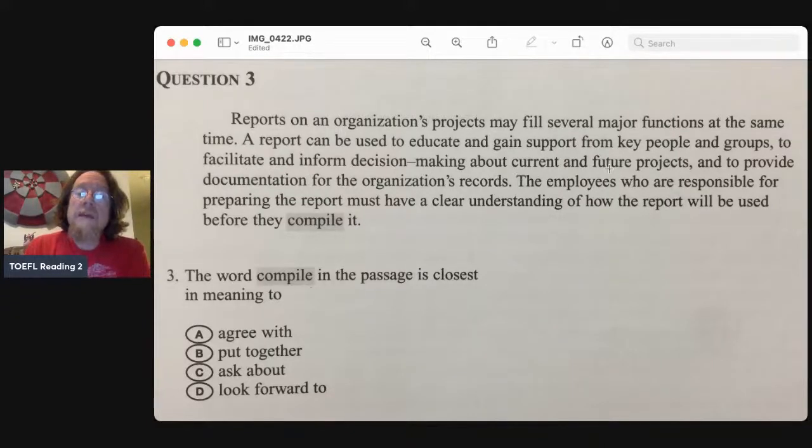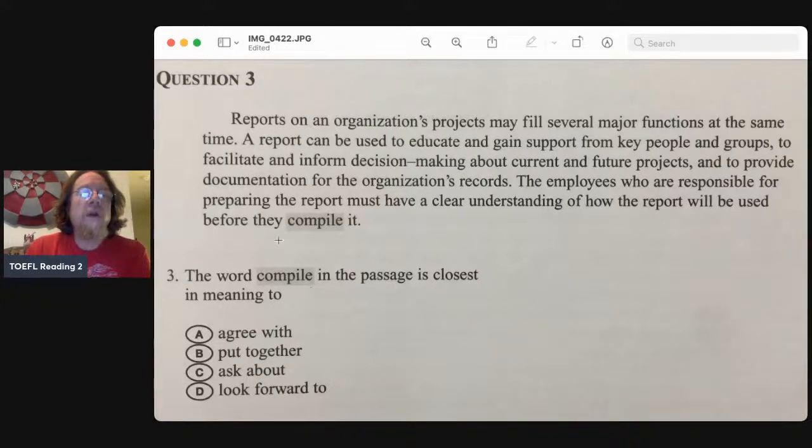The employees who are responsible for preparing the report must have a clear understanding of how the report will be used before they compile it. This is a business question. Business. Here, organization means business or company.